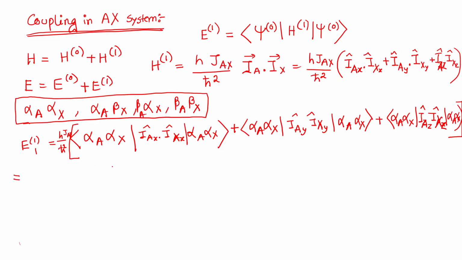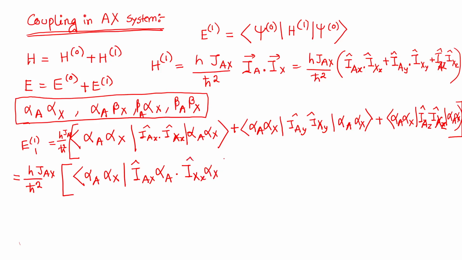Now we are in need of different functions. Actually, I will write another step here. For the first one, this is going to operate on alpha A and this is going to operate on alpha X, right?